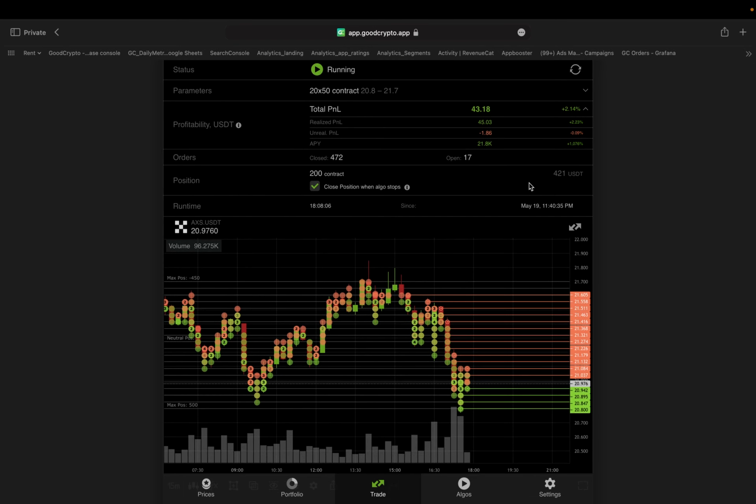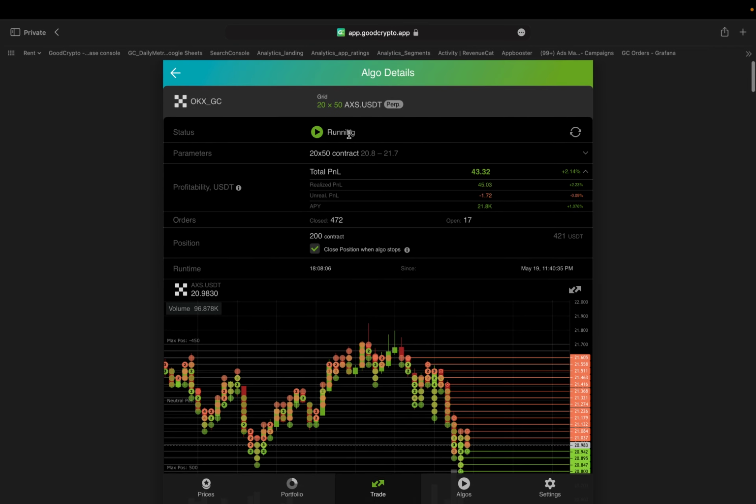Let's go over my thinking about the instruments. I divide all the instruments that can potentially be used for grid algos into three buckets, roughly. One is the pairs not traded to USD or USD-based stable coins, but traded against altcoins or BTC.